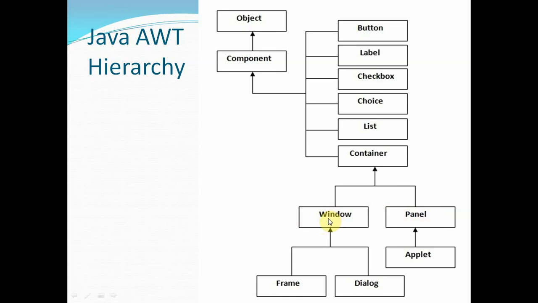For the Window class, two subclasses are there: one is Frame, another one is Dialog. For Panel, one subclass is Applet. For Applet, one more subclass, that is JApplet. Like this, the AWT classes are arranged in hierarchical form. This we call the Java AWT classes hierarchy.